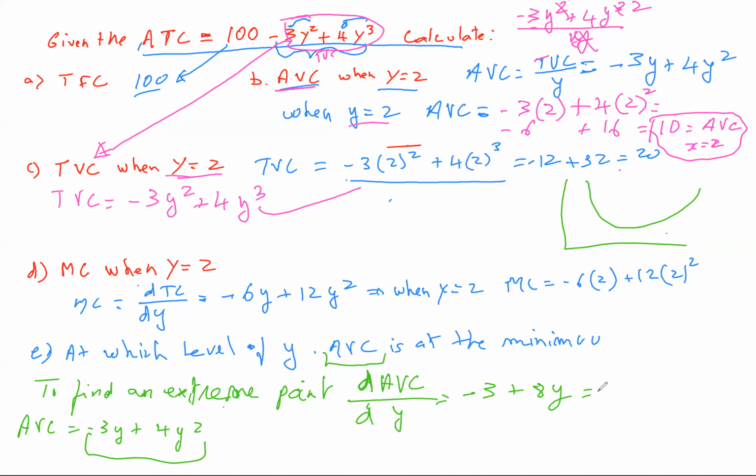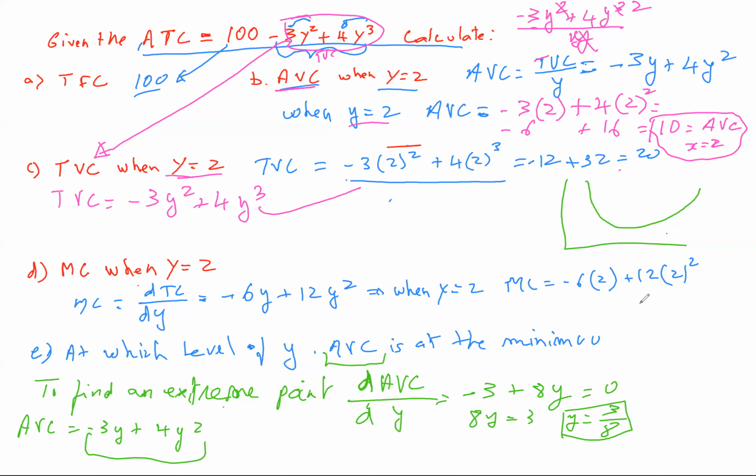And so we're going to set this to 0 and we'll derive y. So that means 8y equals 3 and y equals 3 divided by 8. Okay, so when y is at this level, then the average variable cost is going to be at its minimum.